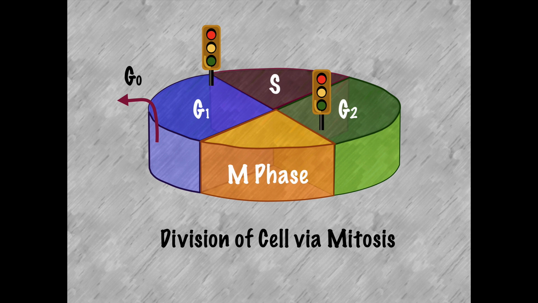Now, if a cell does not pass all the proper checkpoints, it does go into a G0, that G sub-0 phase. Now, most cells are actually in the G0 phase already anyways. For example, you have muscular tissue, or you have nervous tissue that spends its lifetime in the G0 phase, does not replicate, does not divide.